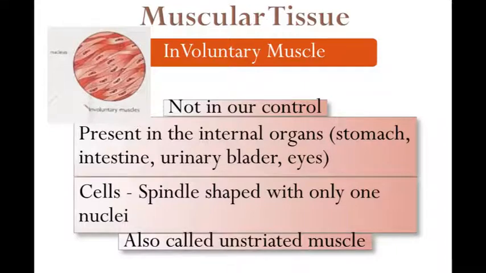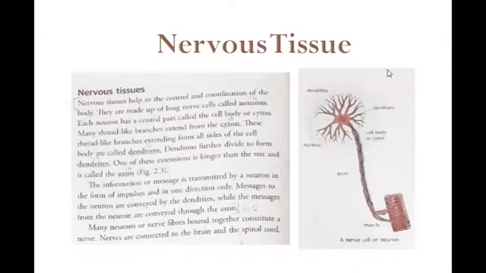Next, nervous tissue. Nervous tissues help in the control and coordination of the body. They are made up of long nerve cells called neurons. Each neuron has a central part called the cell body or cyton.